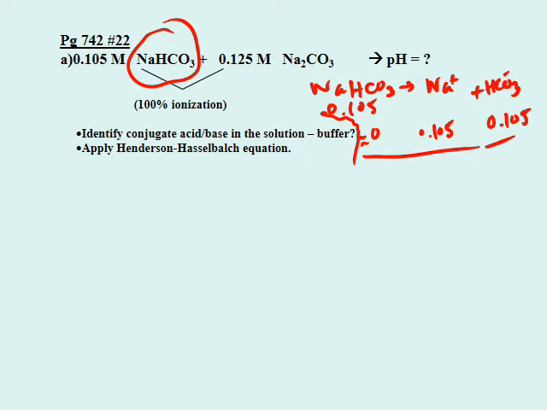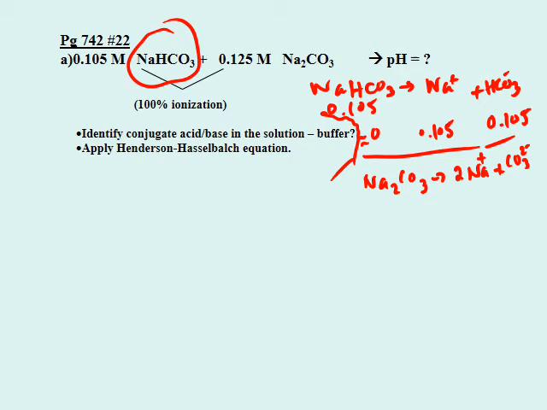Now Na2CO3, this will break down into, again, this is a sodium compound, 100% sodium will get separated from the rest of the molecule. So you get CO3 2 minus.